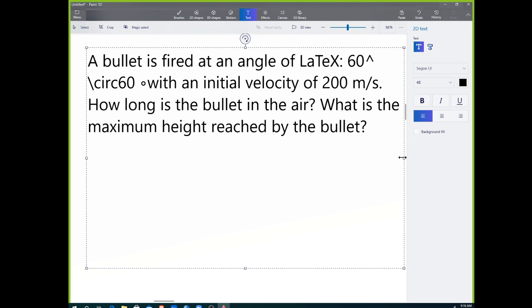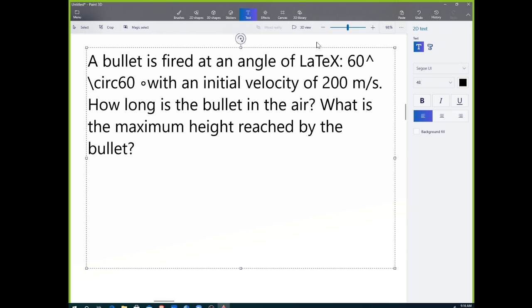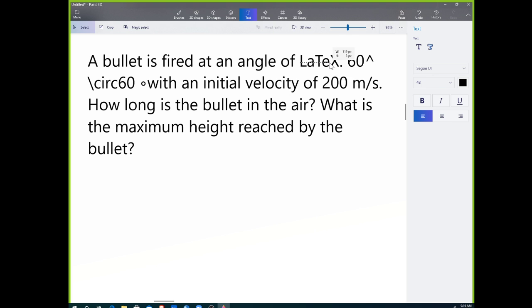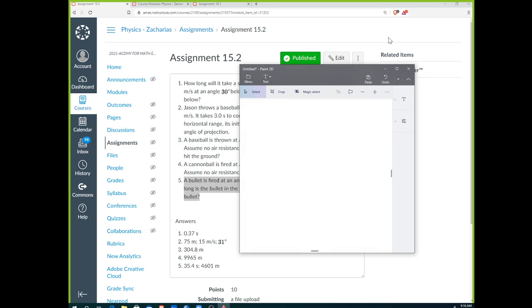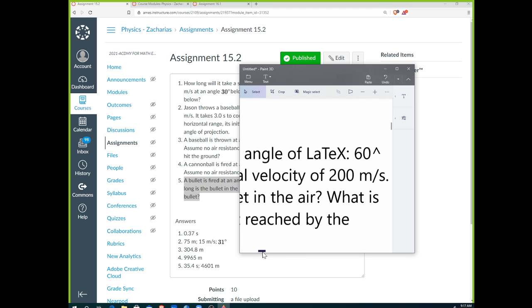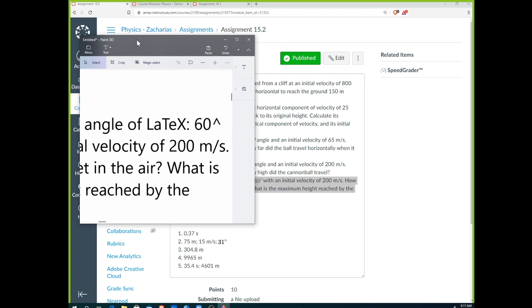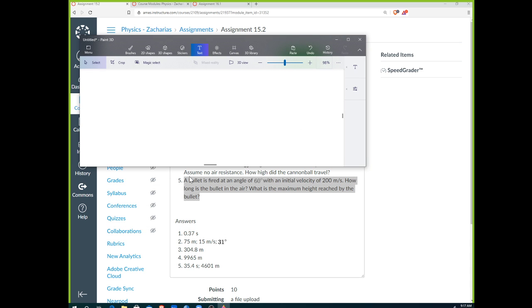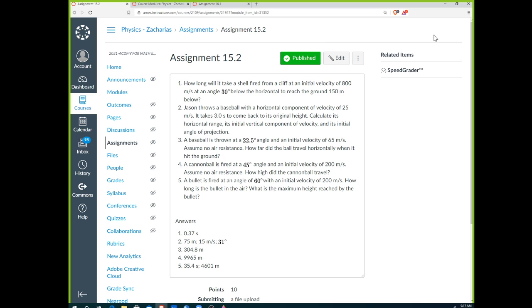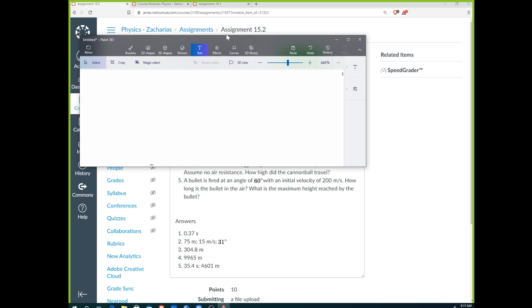Okay, so what I see here is, you see where it says I fired at an angle of LATEX. They're using a math coding language that I use on Canvas, and I'm going to have to replace that. Where did it go? Apologies for the technical difficulties on my end.